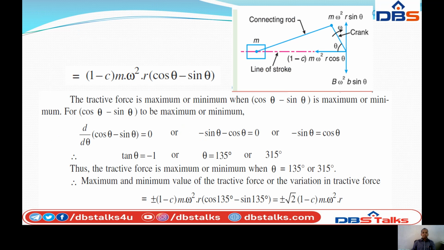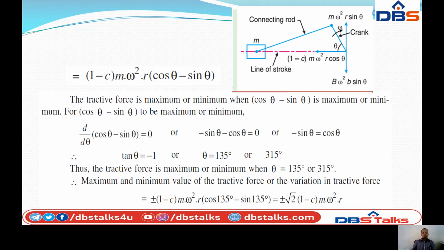The tractive force is maximum or minimum depending on the theta value. So we have to find when cos theta minus sin theta is maximum or minimum, by differentiating and equating to 0. d by d theta of (cos theta minus sin theta) equals 0, which gives minus sin theta minus cos theta equals 0, so sin theta equals minus cos theta.